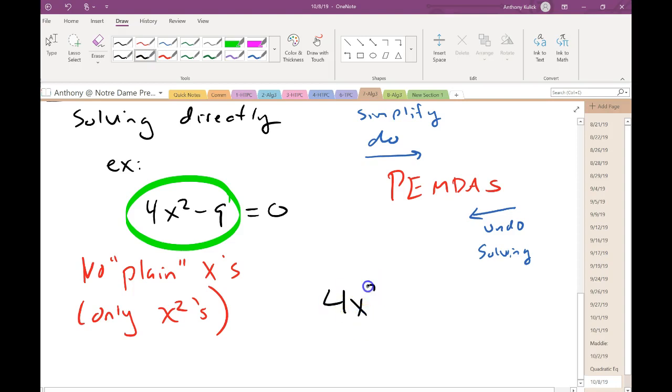So if I take a look at 4x squared minus 9, the first thing I'd want to do would be to, it's not a trick question, just add 9.